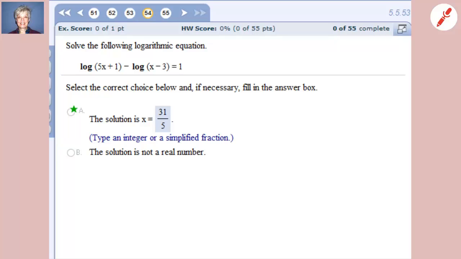Okay, one more time. Log base 10 of 5x plus 1 over x minus 3 equals 1. So 5x plus 1 over x minus 3 equals 10 to the 1 power.